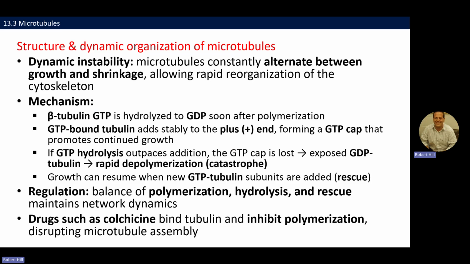Growth can resume if new GTP tubulin adds, and this is a rescue event. So what's happening in dynamic instability is basically a cycle between catastrophe and rescue. All right, the balance among polymerization, GTP hydrolysis, and rescue is what defines the organization of the microtubule network.